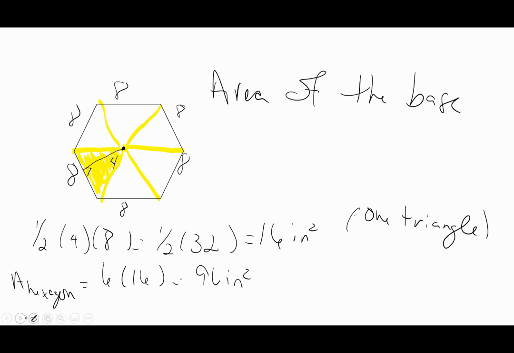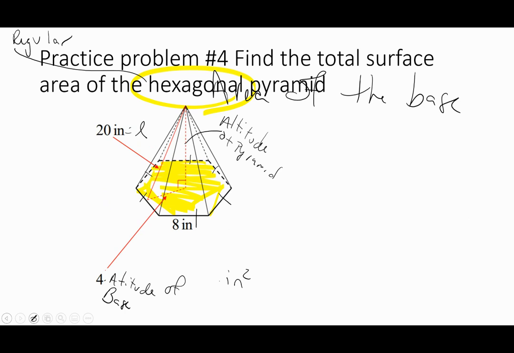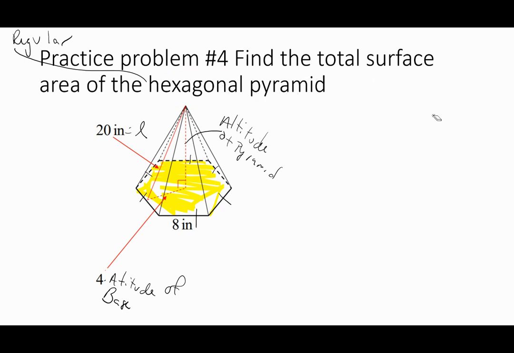So let's go back. So we have the area of our base is 96 inches squared. We just figured that out. So each of the sides is exactly the same.